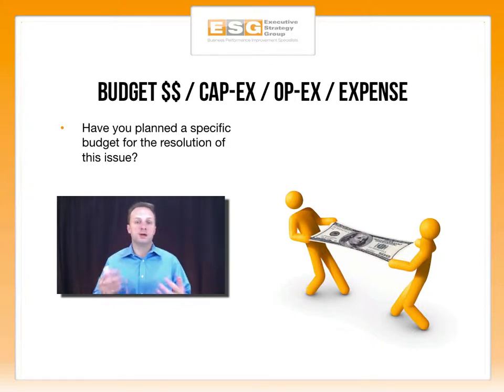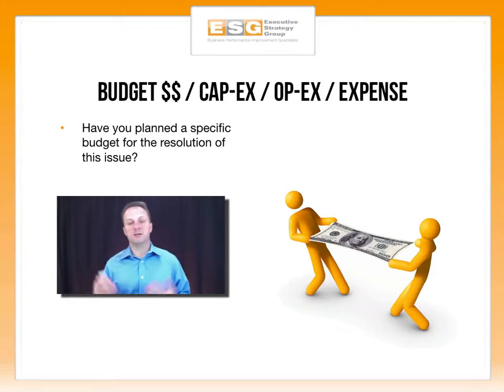An OpEx type expenditure would be something like paying utilities or paying for SaaS software, like for instance, a lot of companies use Salesforce.com or Systematic Revenue or Infusionsoft, and they pay every single month, and that would be an operational expense. A third way of looking at spending money from a financial standpoint is just the raw expense category. I needed to get binders made for my sales team, so I used my credit card at the local Kinko's and got it done.